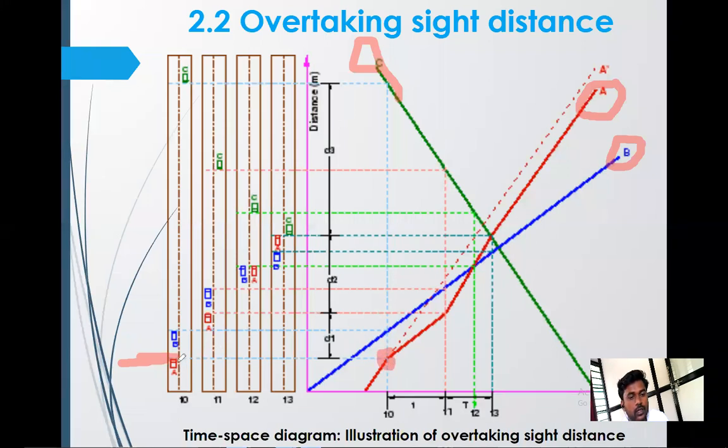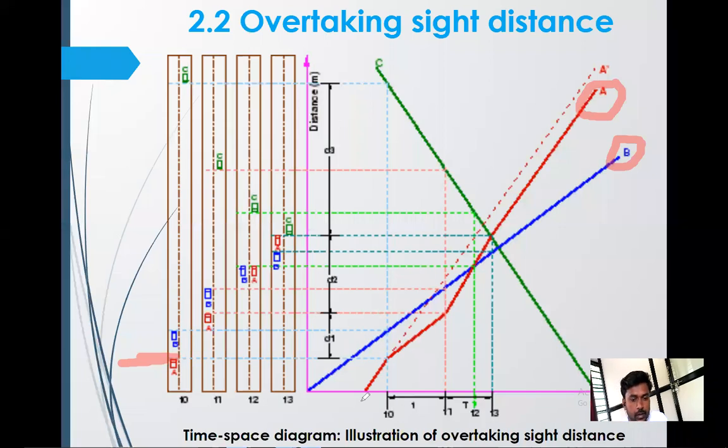Vehicle A is at this position initially at the time t0. At time t0, vehicle A is at this position, vehicle B is at this position, and vehicle C is at this position. Please see carefully. I will repeat.